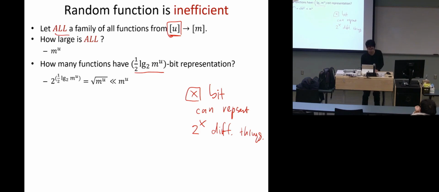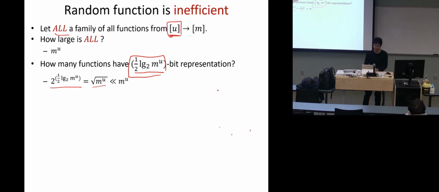So if you have this many bits, it can represent 2 to that many functions. But that's just like a square root of M to the U, which is much less than M to the U. But it means what?